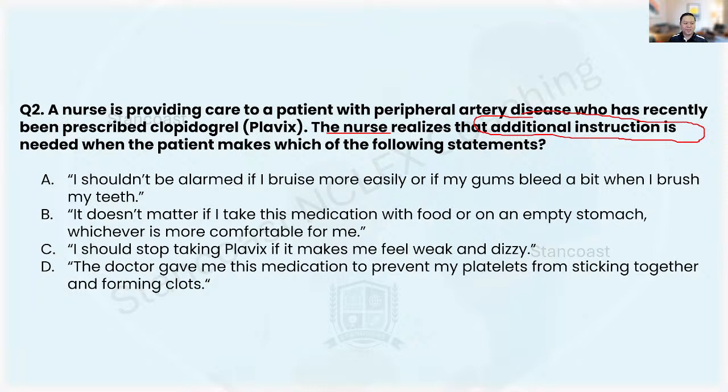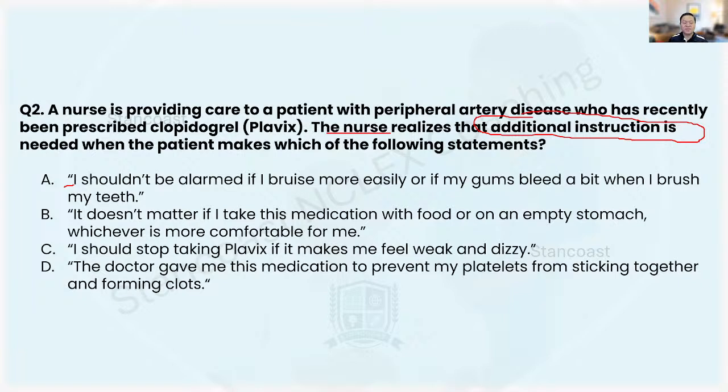For letter A, I shouldn't be alarmed if I bruise more easily or if my gums bleed a bit when I brush my teeth. So, this doesn't mean that the patient requires additional teaching, okay? Because this is actually expected to cause them to have the bruising.